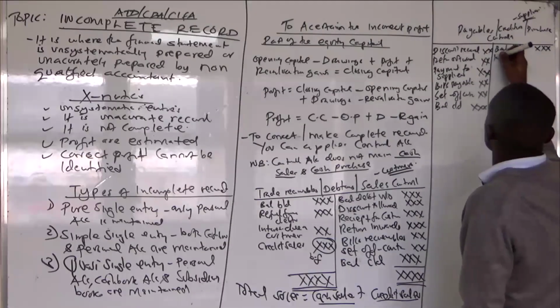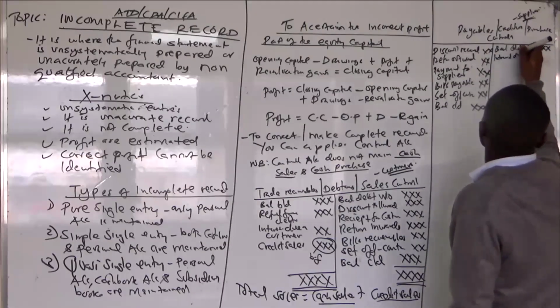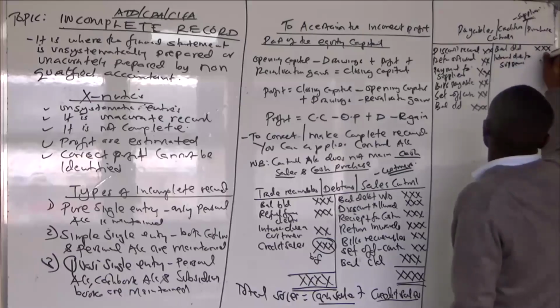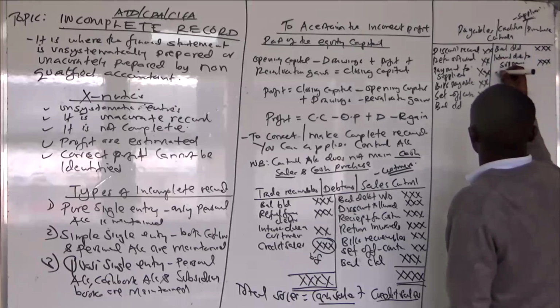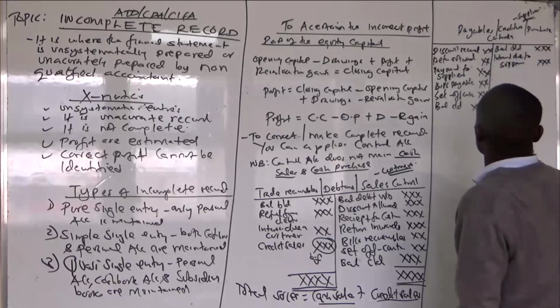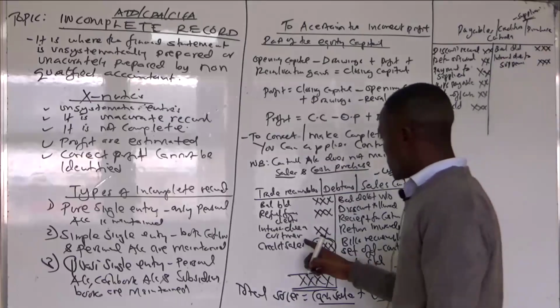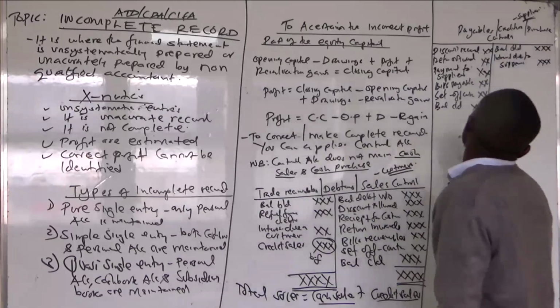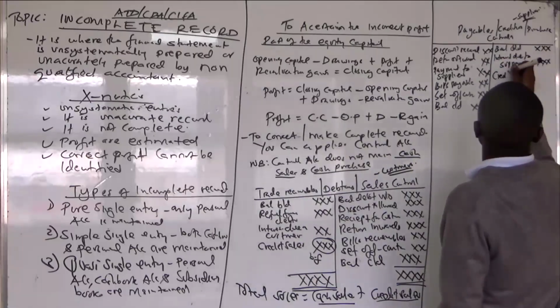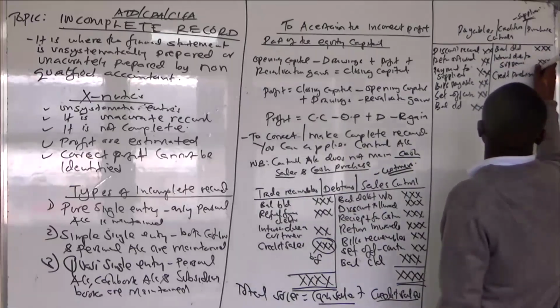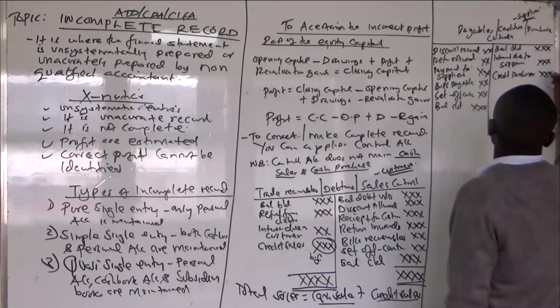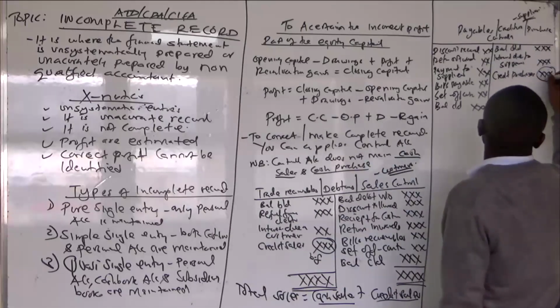Then here there is interest due to supplier. Then receipt, and also a dishonored cheque. Then here credit purchases. This is the balancing figure.